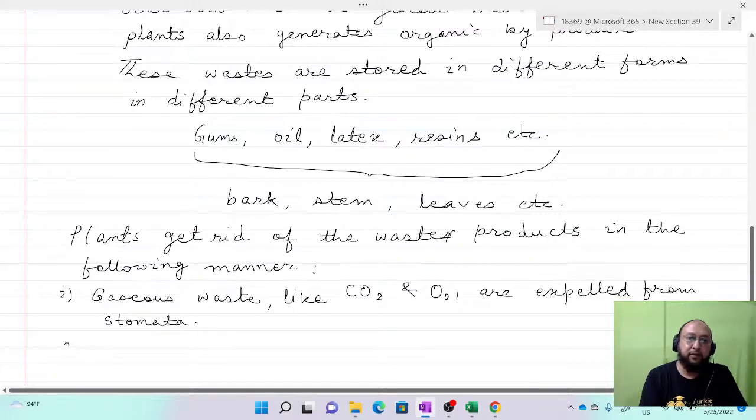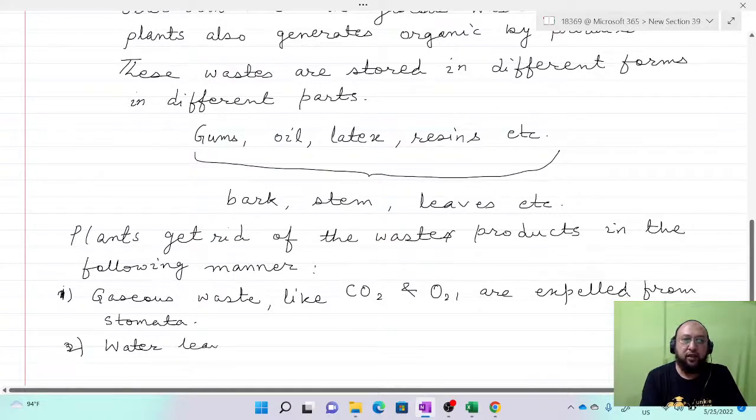Okay. Then number three... no? So number two. This is number one. Number two: water vapors. Water leaves the plant.